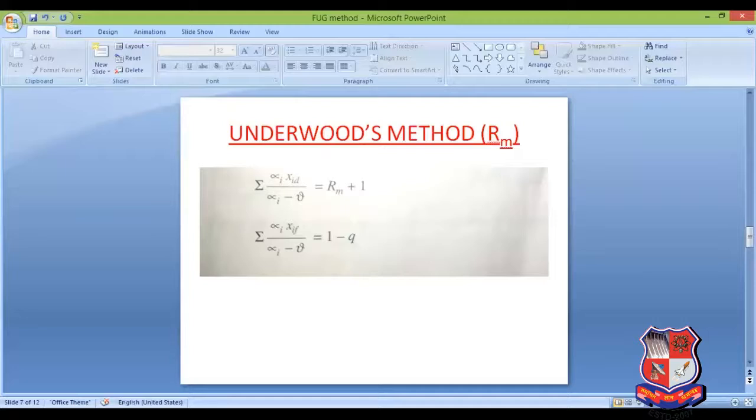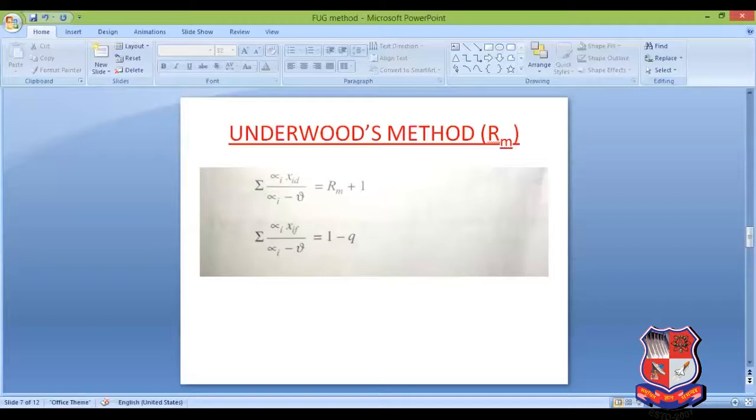Okay, the answer is it is infinite number of theoretical stages required. See, the relation between R and N, right? I have uploaded one video under the subject of mass transfer operation. So if you want to clear your concept regarding minimum reflux ratio, total reflux and optimum reflux ratio, you can go and check, right? So this is Underwood's method.